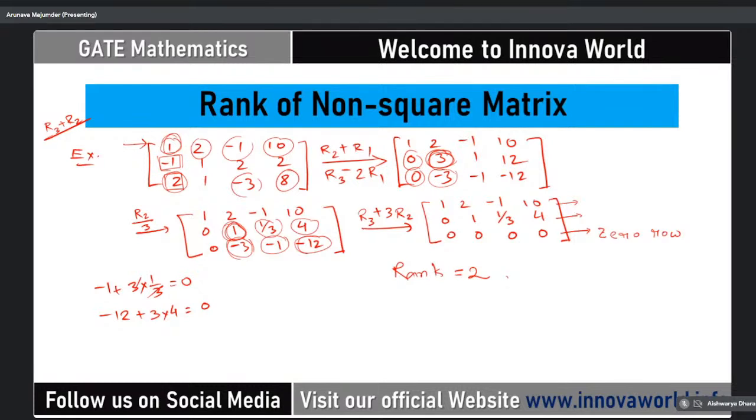That may be a square matrix, maybe non-square matrix. Basically in semester exams you'll be getting square matrices, but in GATE examinations or other competitive examinations, you can have non-square matrices also, where the number of rows is more and number of columns is less. That is also possible.